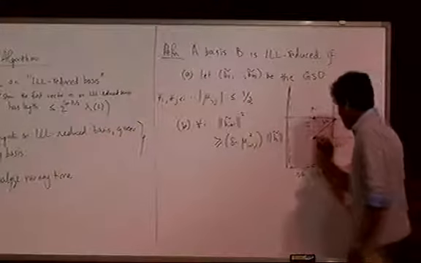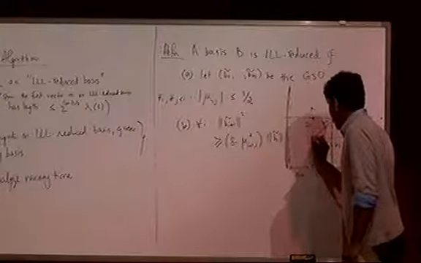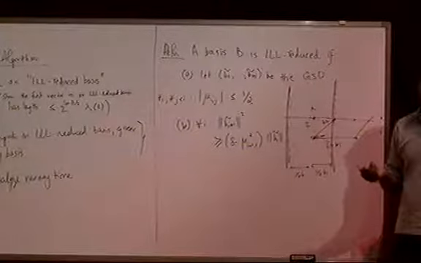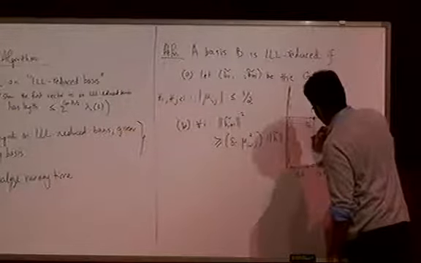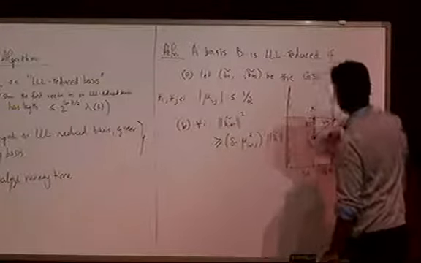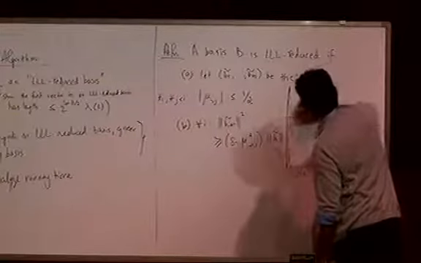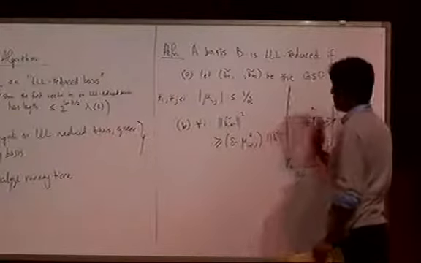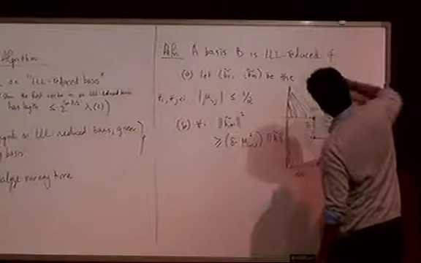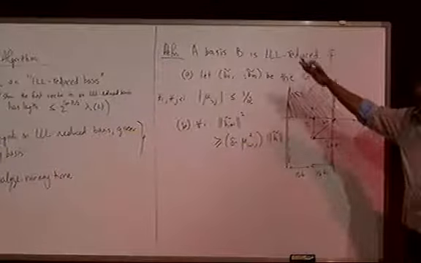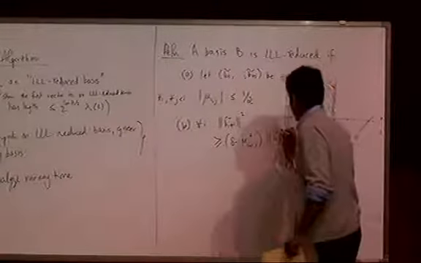It cannot be that B2 is right here, because that means the length of the second orthogonalized vector is pretty small. The length of B2 tilde is larger than a bound which depends on B1 tilde. So B2 has to lie between these two lines, that's what condition A says, and what B says is that it has to lie above a certain line which depends on B1 tilde. So this is quite good.